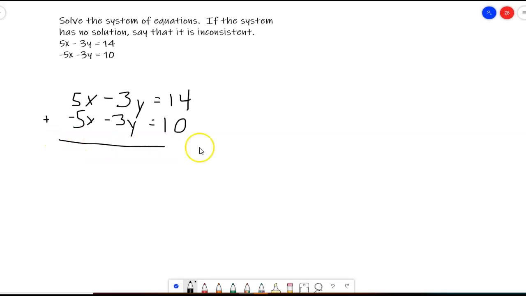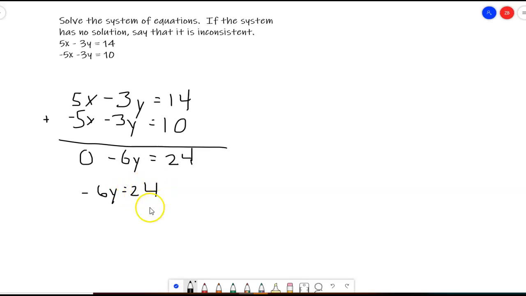Adding those up, 14 plus 10 is 24. Negative 3y plus a negative 3y is negative 6y. And 5x plus negative 5x is 0. So our new equation is negative 6y is equal to 24.